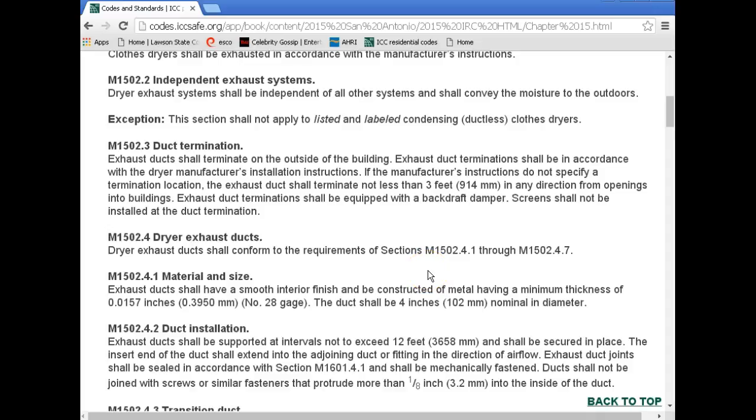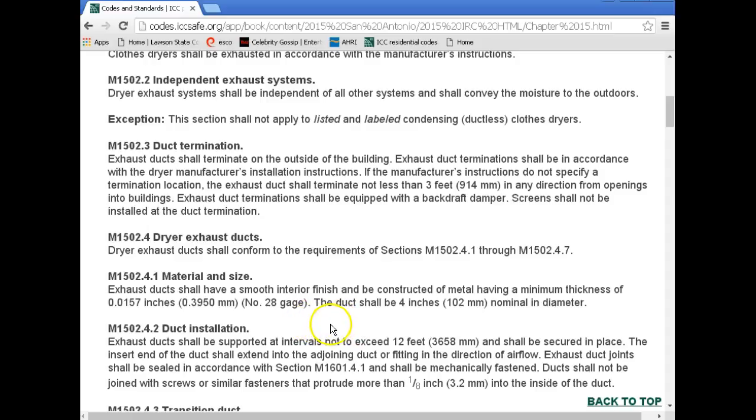Let's look at 1502.4, which basically says just look to the next one. Material and size, 401. Okay, we still got that. They shall have a smooth interior finish, not trying to catch all that lint and stuff, and be constructed of metal, with a minimum thickness of 0.0157.